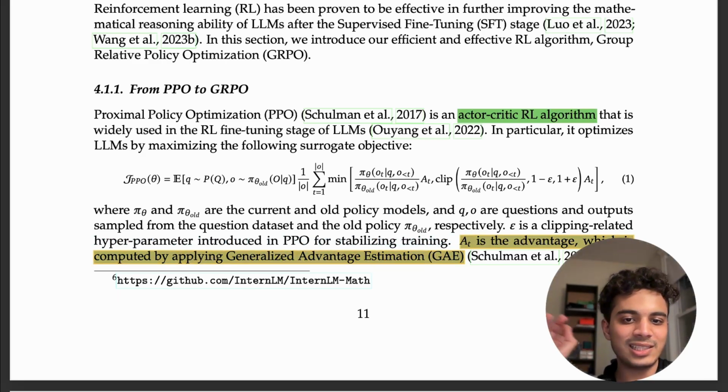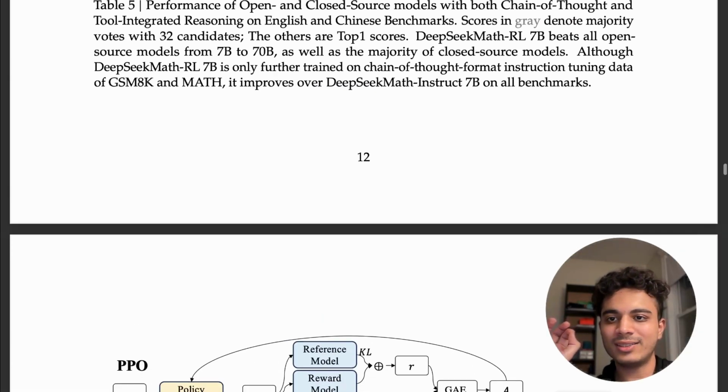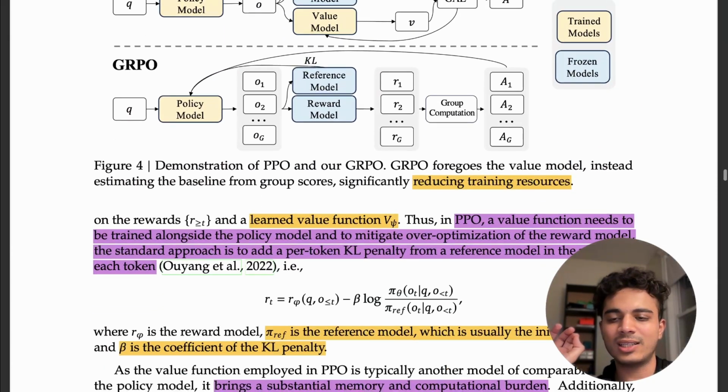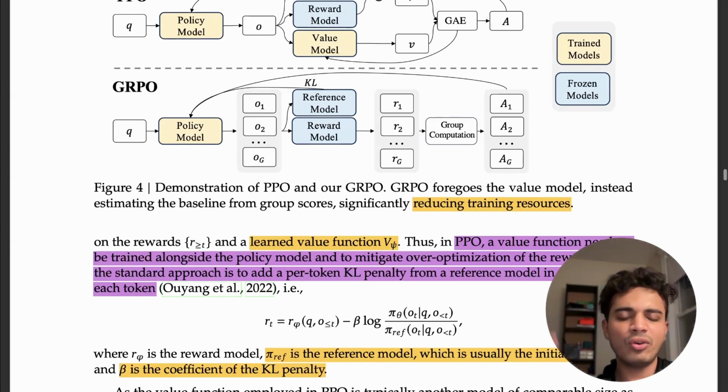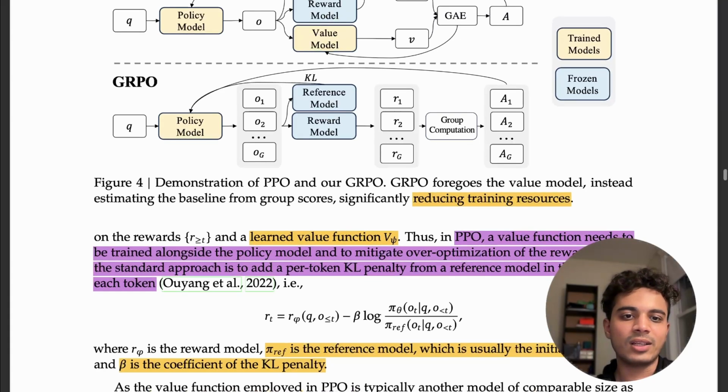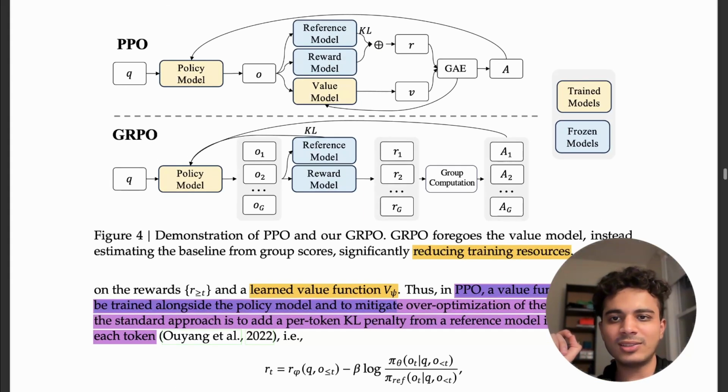So PPO uses GAE-based estimation, and it's based on the rewards r_t and a learned value function, let's call it V for now. Fine. The problem with PPO is that a value function needs to be trained alongside the policy model. So you see there are these two trainable models, the original policy model and the value model.